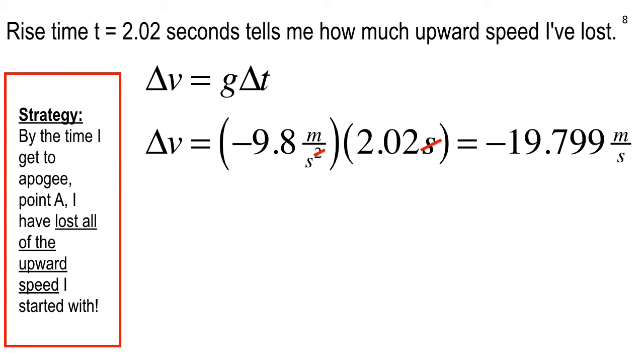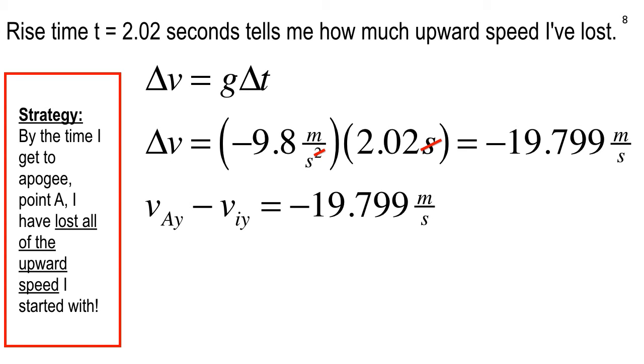Now, we're going to make use of that here in just a second. Because delta V is the same as V final minus V initial, or in this case, V subscript A Y, the y component of the velocity at apogee, minus the initial y component of the velocity, V I Y. And that's equal to negative 19.799 meters per second.